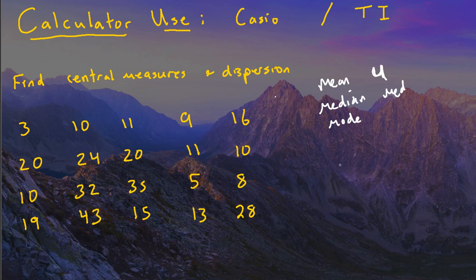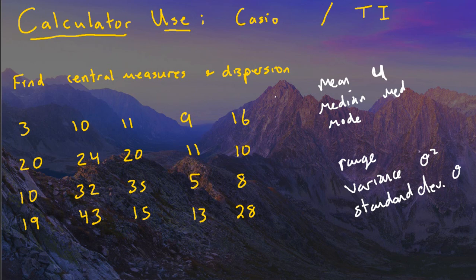And for dispersion, spread, we have range, we have variance, and we have standard deviation. And our symbols are here. Now, the symbols that I've written down are for if we have a population, meaning that our data represents all the possible data, as opposed to a sample.